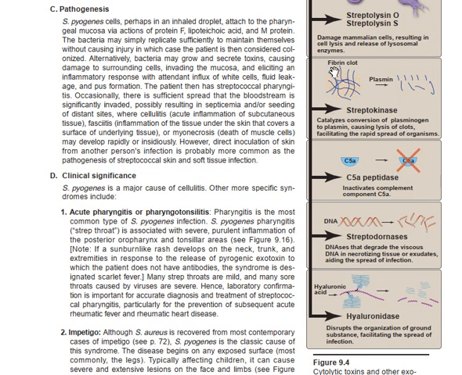So streptokinase has that similar function, because it converts plasminogen to plasmin. Is it clear? So causing the lysis of the clot and facilitating rapid spread of the organism.